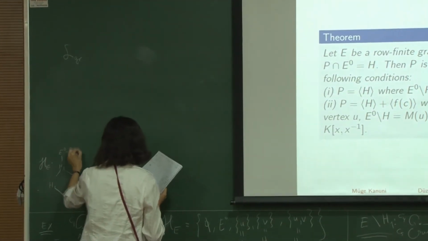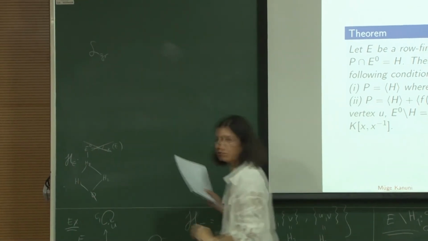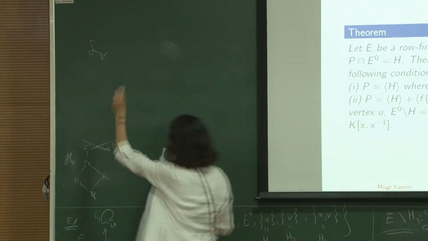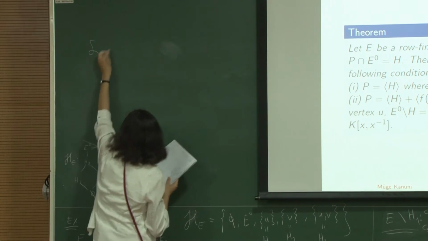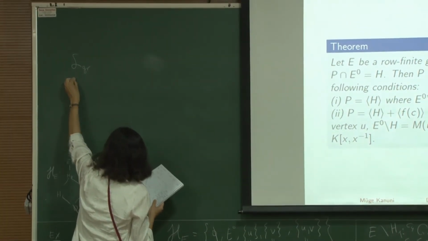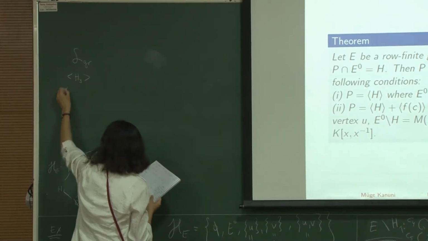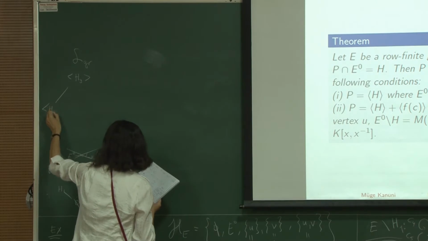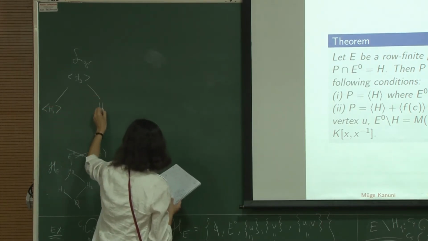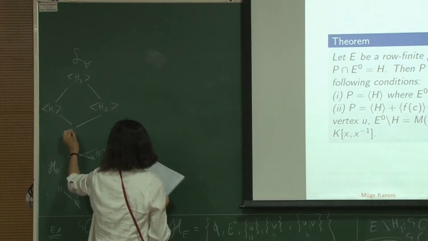Well, this gives me the whole Leavitt path algebra. The H3 generates an ideal. Then I have the ideal generated by H1. I have the ideal generated by H2. And the trivial one.